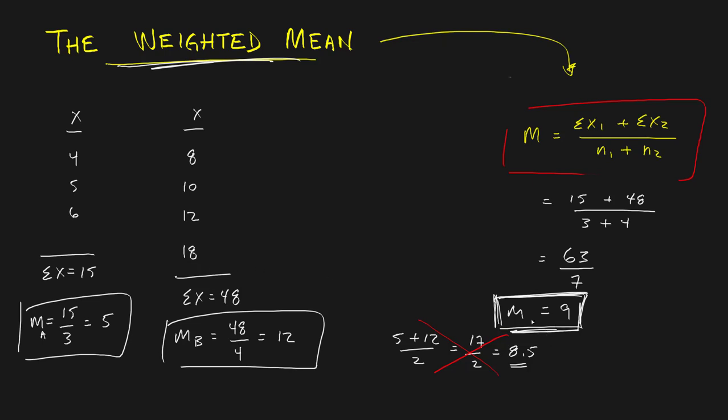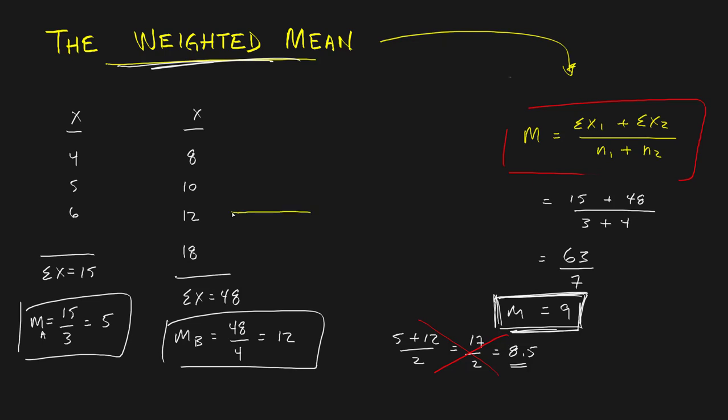One more thing I can say about this is it was predictable that 8.5 would be wrong, and that the mean would be a little bit closer to one group. Notice between 5 and 12, if you were to draw this out on a number line, let me do that.